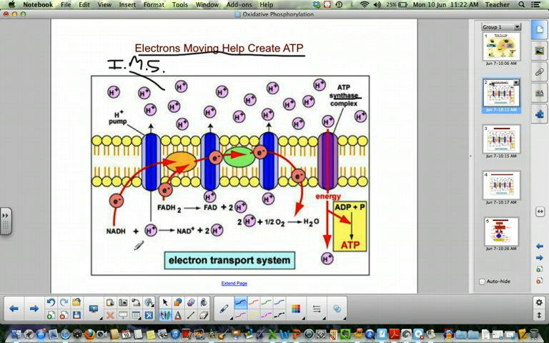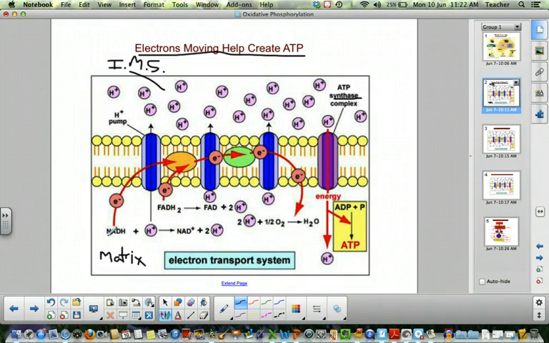And in here, down in this area, is actually inside the cristae, or the very inside of the mitochondria, called the matrix. Okay, so out here is the intermembrane space, and here is the matrix. All right? Okay. So here we have the electron transport chain.